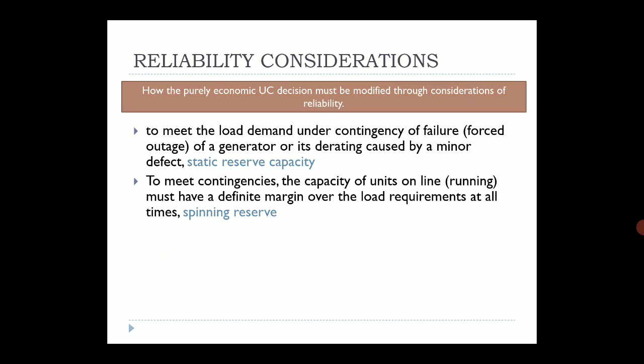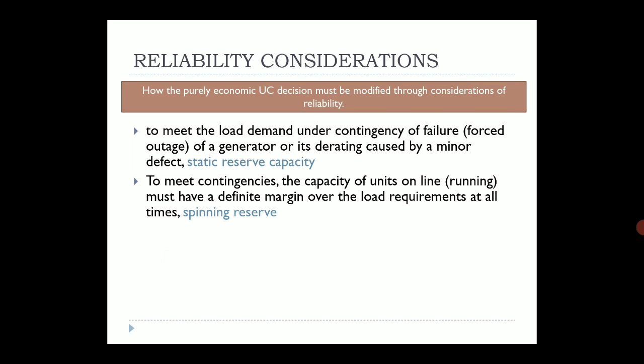So sometimes an extra one or two generators are kept running at no load, so that when a generator outage occurs, the load can be shifted from the current generator to the already spinning generator. That is called a spinning reserve.